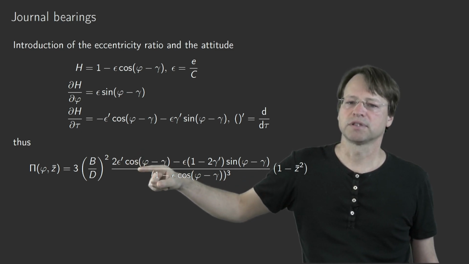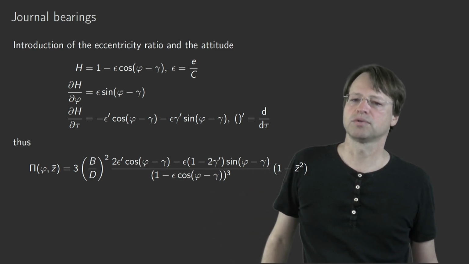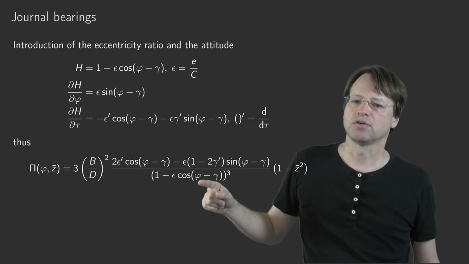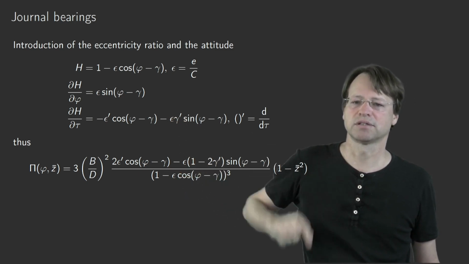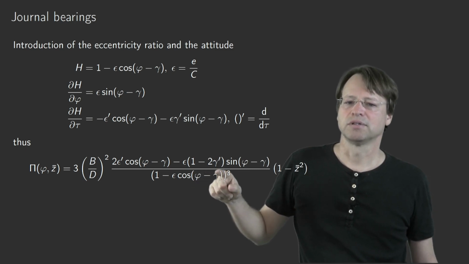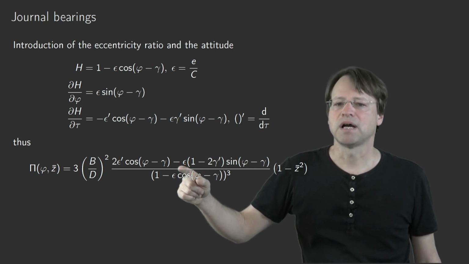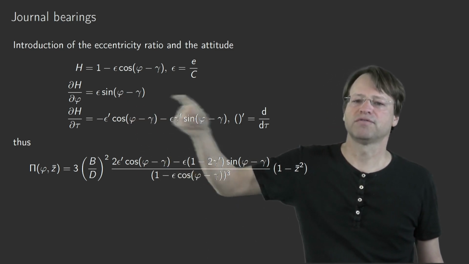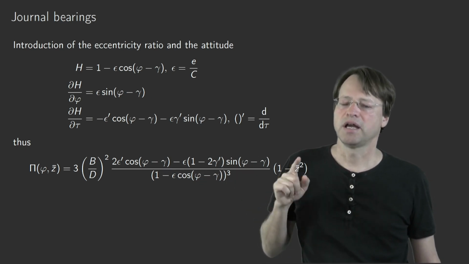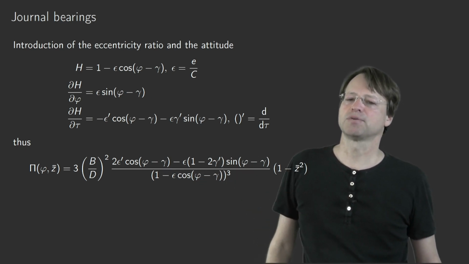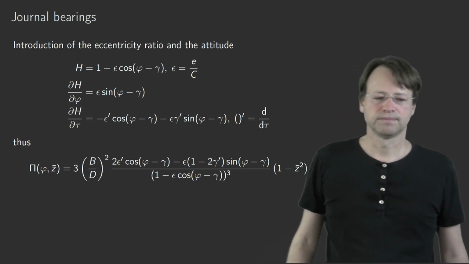So 2 times epsilon cosine phi minus gamma is the first contribution from minus 2 times dh by d tau. The second contribution is a little bit difficult to see with the sign. It's a positive sign here, minus 2 times that one, epsilon 2 gamma prime, sine phi minus gamma. And you have a minus dh by d phi, so minus epsilon sine phi minus gamma. And we have 1 minus that bar squared. I think we switched the sign here of that expression.